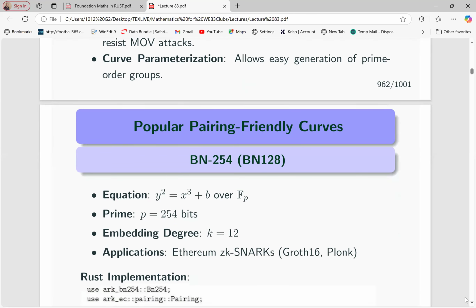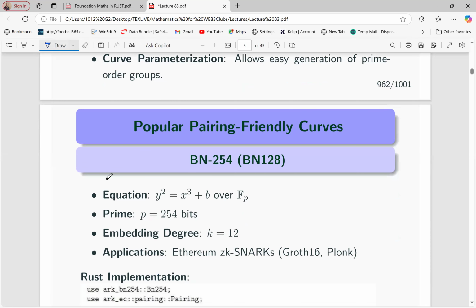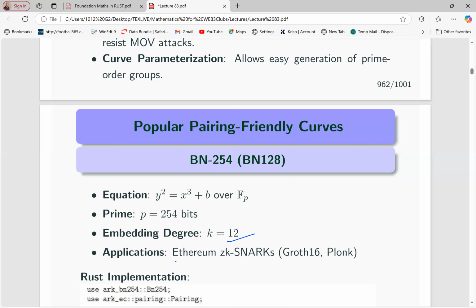The embedding degree for this elliptic curve will then be 12. It is commonly used in Ethereum ZK snarks, and it's also used in Groth16 and other algorithms.